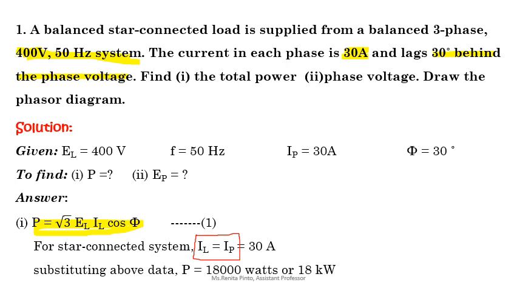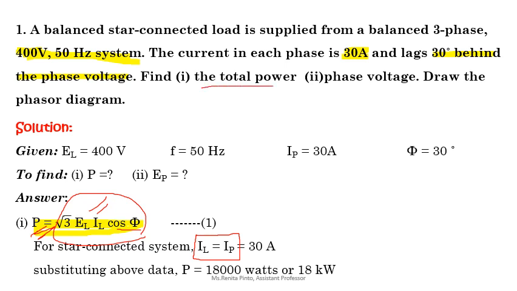So that means IP is given as 30 amps. So that means the line current will also be equal to 30 amps. Next, EL is given. Phi is given, you can substitute in cos phi. So if you substitute everything, you will get the power. So this is the answer for your first question.